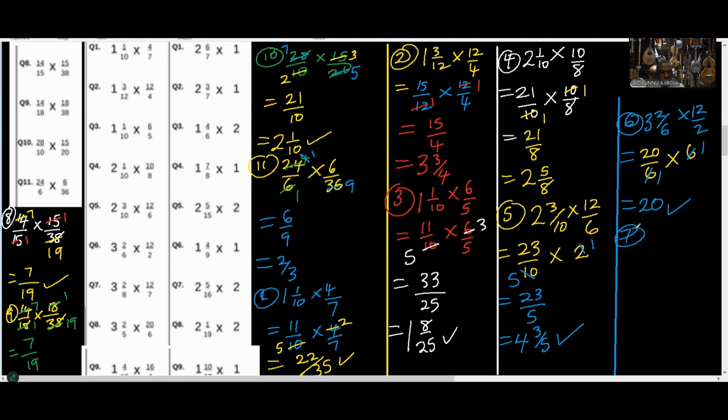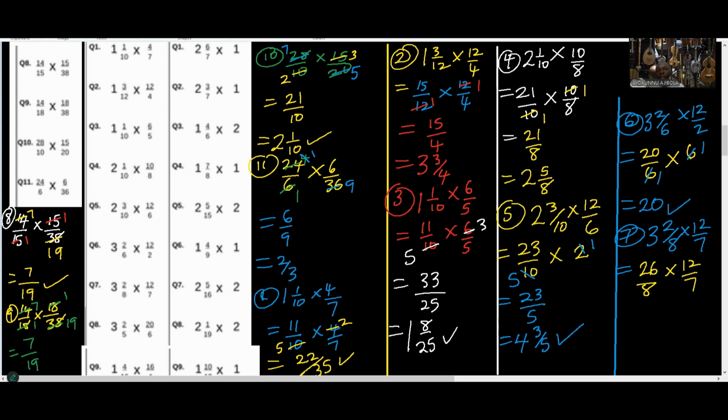Then number 7, we have 3 whole 2 over 8 times 12 over 7. So we have to change this. 8 times 3 is 24. 24 plus 2, that is 26 over 8 times 12 over 7.